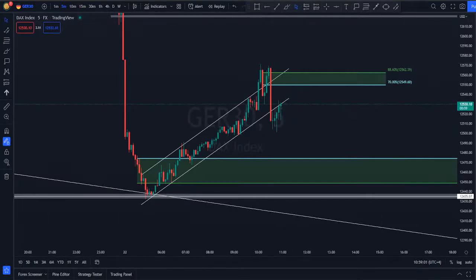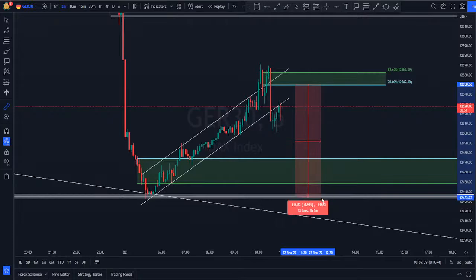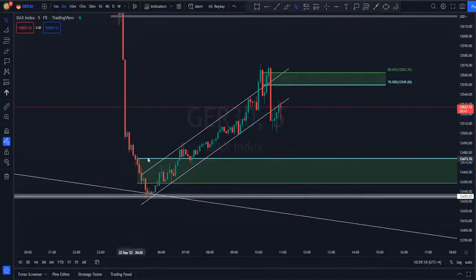If we see that, we take a very quick ride, close 70% here, and move stop loss to break even to see if price will go and retest this level. It is a very important level, subsequently touching this line as well. We don't know what's going to happen, so let's just observe and see.